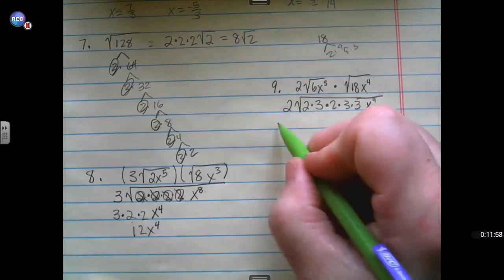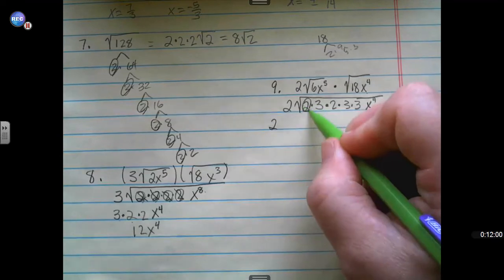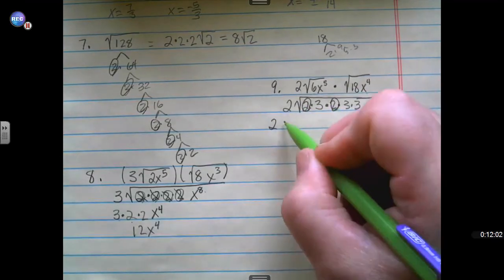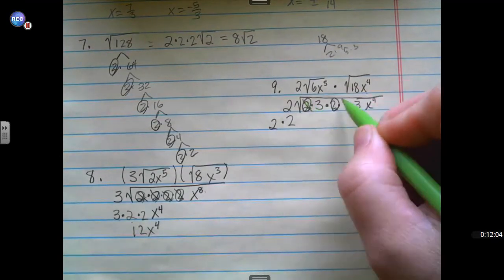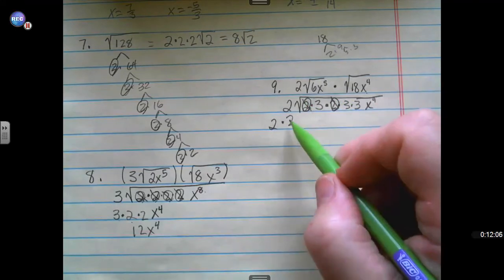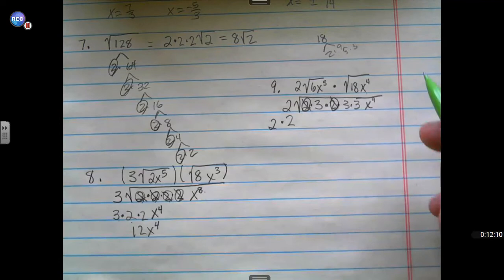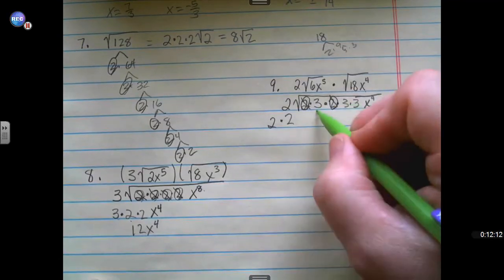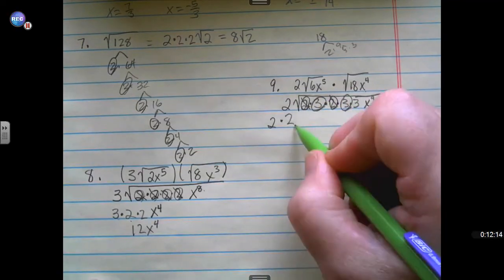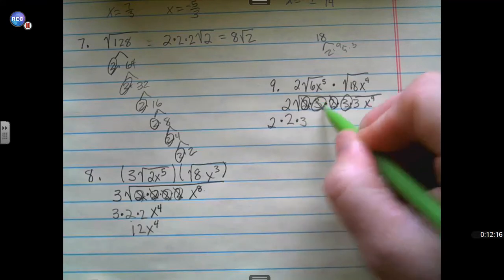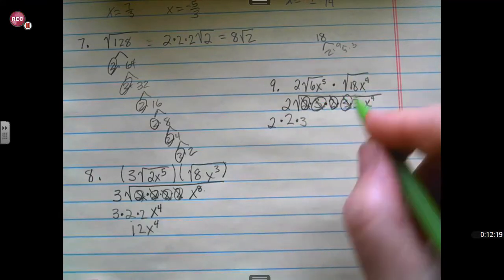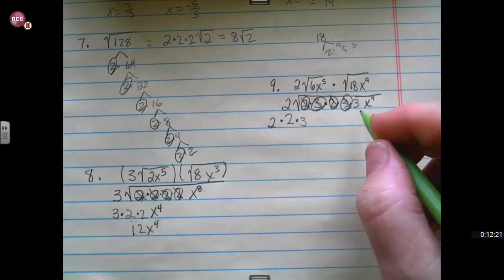So now I can start. There's a 2 here and a 2 here. One comes out, one disappears, and they get multiplied by what's already out there. There's already a 2 out there. I didn't say that on the previous problem. Here's a 3, here's a 3. One comes out, one disappears. Looks like there's a 3 left over.